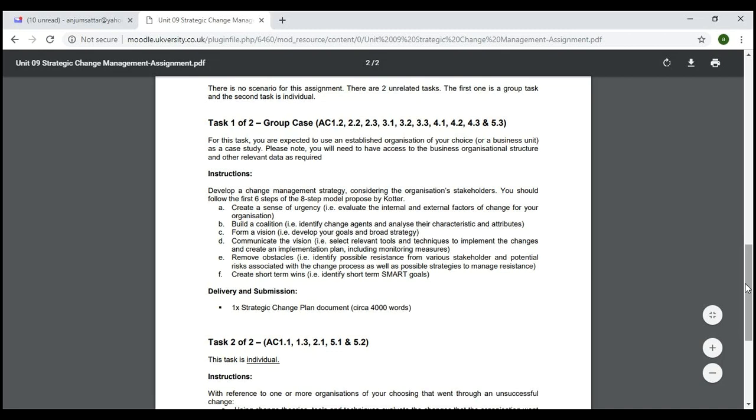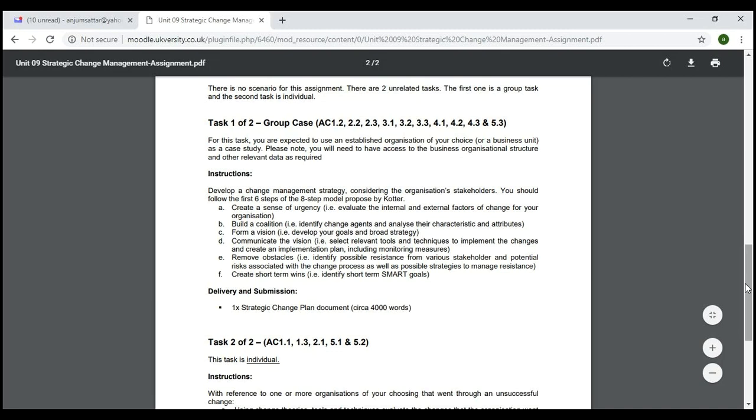Maybe we can look at the organization structure and discuss it as well. Develop a change management strategy considering organization stakeholders. For any change, we need to look at the stakeholders, so maybe we can discuss the different stakeholders.